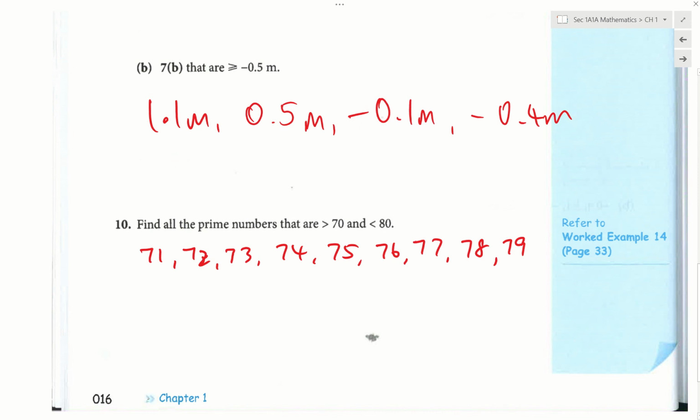Is this a prime number? Yes. Is this a prime number? Because why? Can divide by 2, so it's not a prime number. How about this? Yes. How about this? Can divide by what? Okay, how about this? Can divide by what? Good job. What else can we divide this by? 3. How do you know it's 3? 7 plus 5 is 12, right?